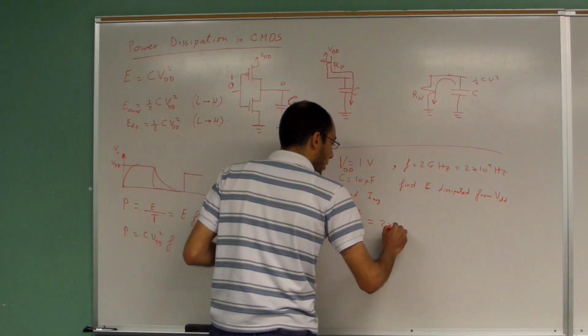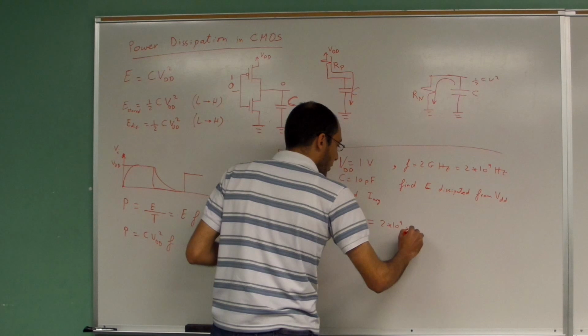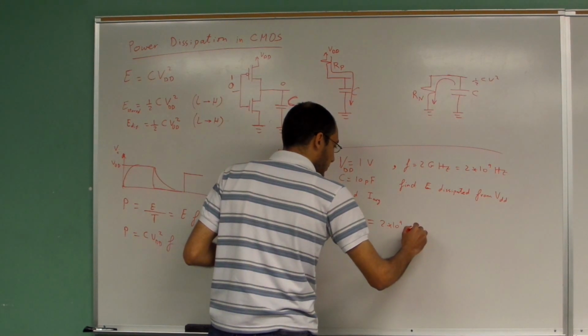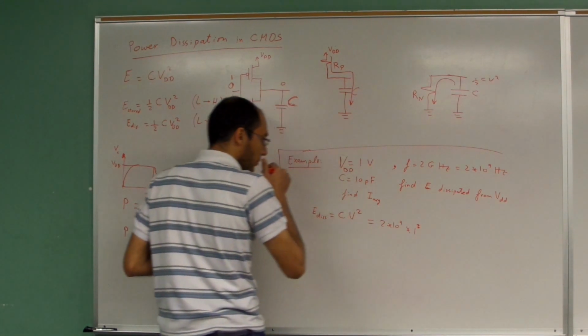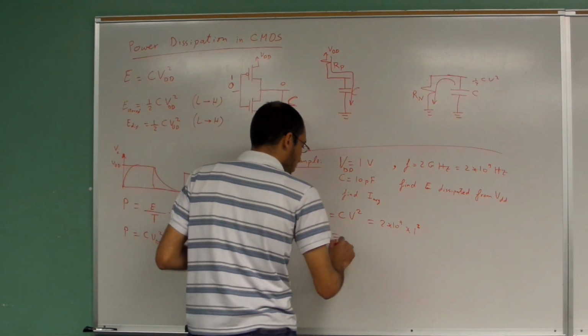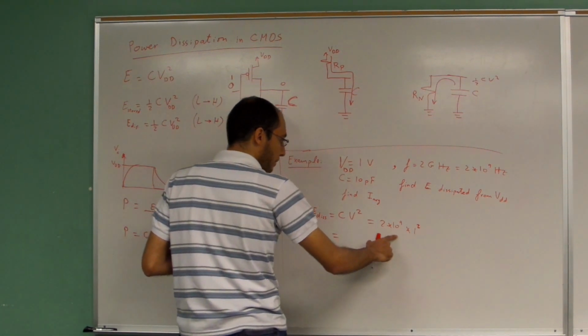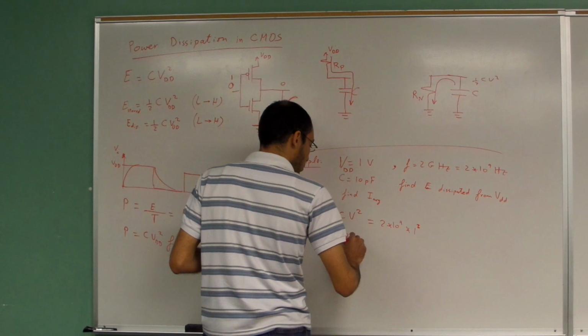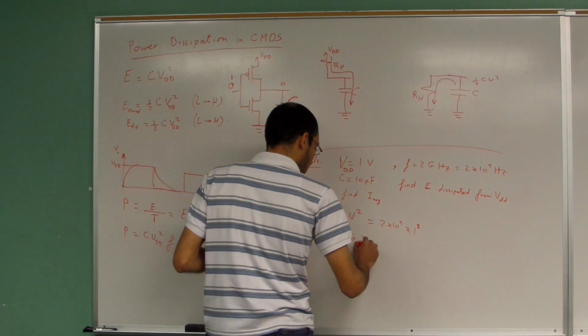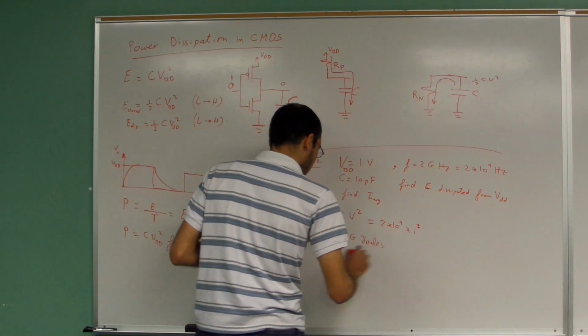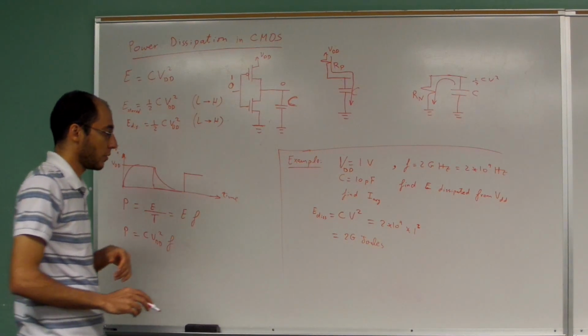2 times 10 power 9 multiplied by 1 squared, and that is equal to 2 gigajoules.